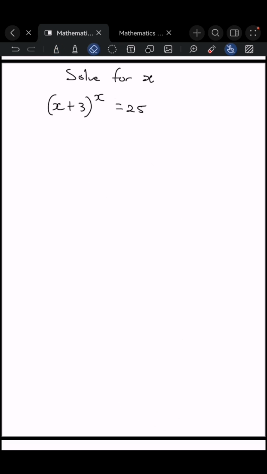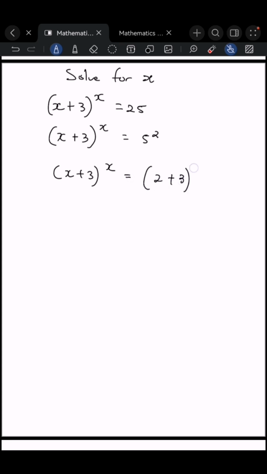Alright, here we go. We have x plus 3, all in bracket, raised to the power of x, is equal to 25. So for x, what we know here is that x plus 3 raised to the power of x should be equal to 5 squared. Okay, we say x plus 3 raised to the power of x is equal to 2 plus 3 raised to the power of 2.